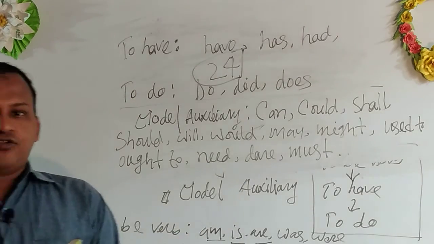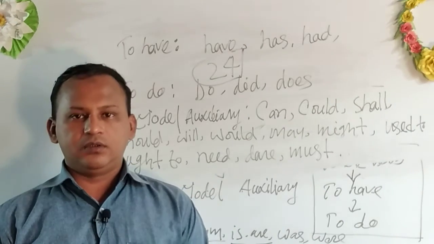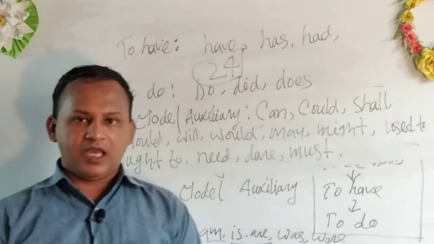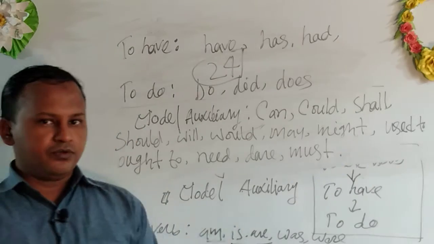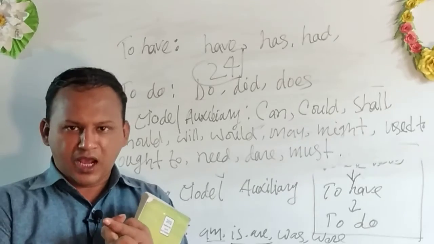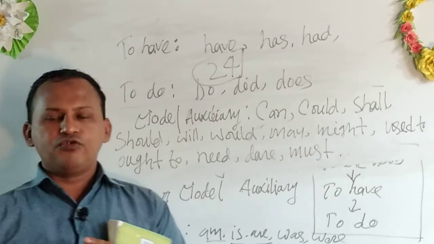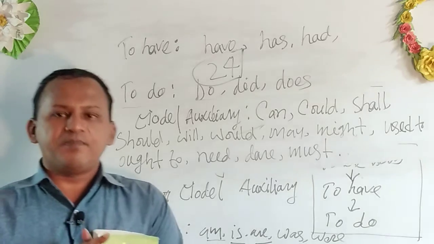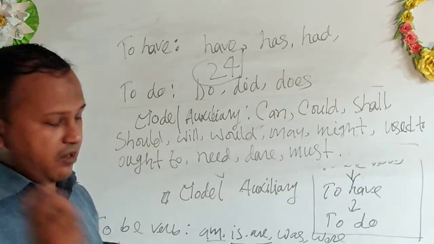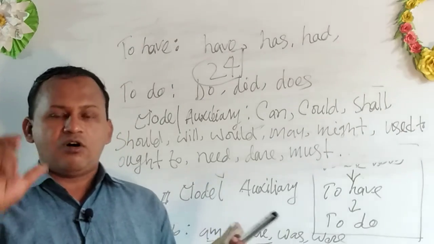So, dear student, I hope you are able to understand these kinds of verbs. Here are two kinds of verbs: finite verbs and non-finite verbs. Finite verbs have two parts: the principal verb and auxiliary verbs. Today's class covers the various types of verbs: principal and auxiliary.